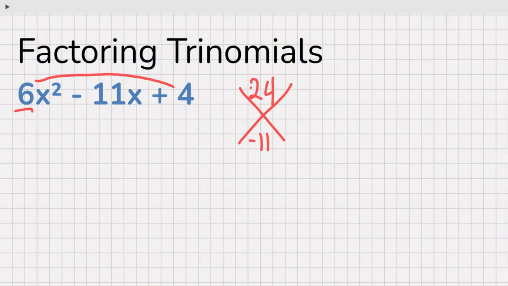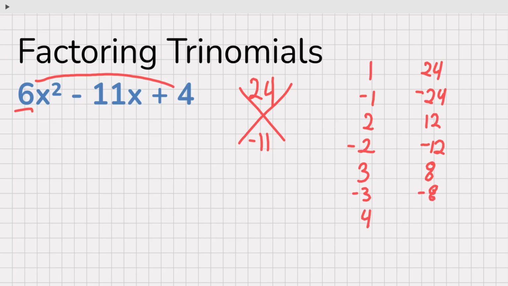We're going to do the exact same thing we've been doing. What multiplies to get 24 and adds together to get negative 11? Hopefully, you can do this in your head. But what multiplies to get 24? 1 and 24, negative 1 and negative 24, 2 and 12, negative 2 and negative 12, 3 and 8, negative 3 and negative 8, 4 and 6, negative 4 and negative 6.